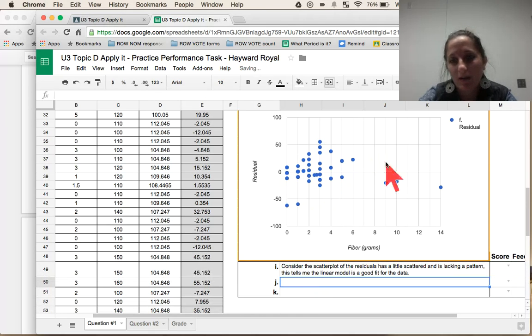If it did have a pattern to it, then we would say that the linear model is not a good fit for the data.